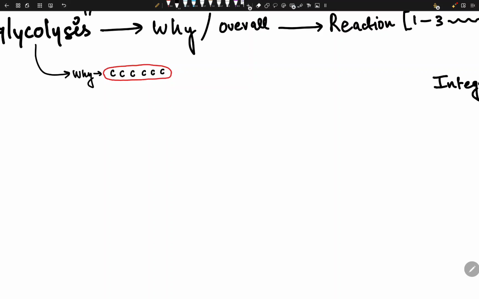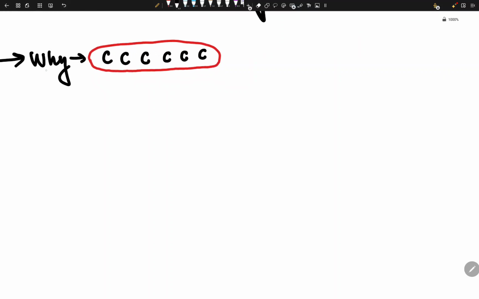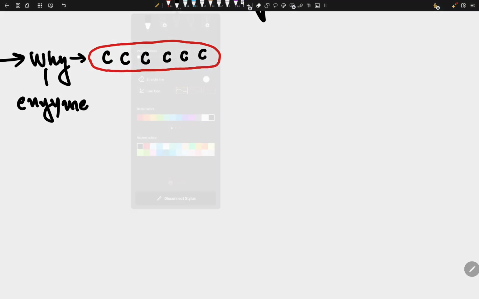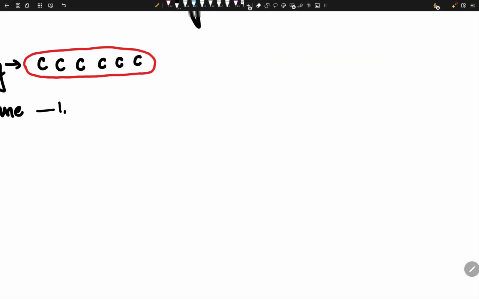So problem 1 is that we want to increase the speed, because it's far too slow. That's why there are enzymes in glycolysis. The first problem is the slow speed of reaction. The second problem is the uncontrollable reaction. We want to control this and fine tune the reaction itself.